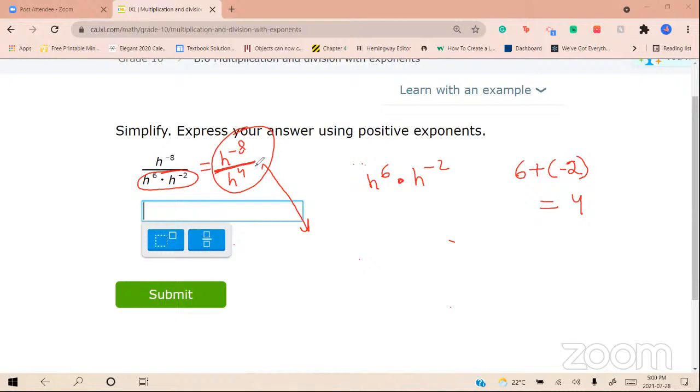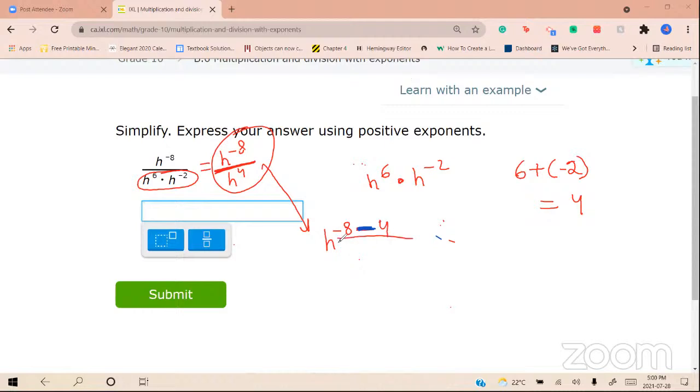And then if you're dividing, right, so this line over here means division, right? So h to exponent -8, you would do minus 4.